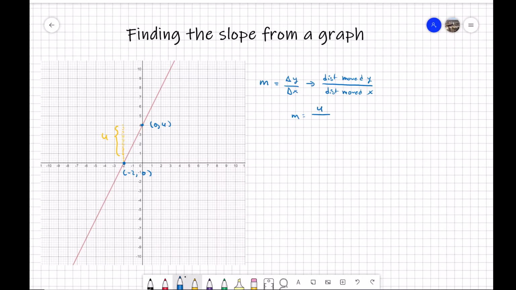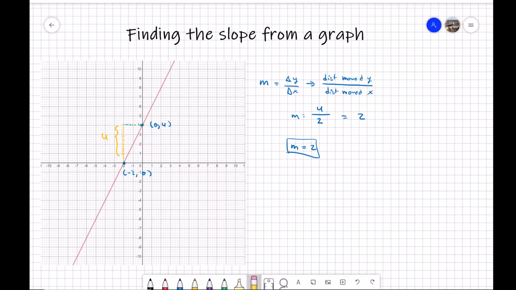And how much did we move left and right? We moved 2 positions, and that's going to be our change in x. So now we know that the slope is 4 divided by 2, which is 2. So the slope is 2.